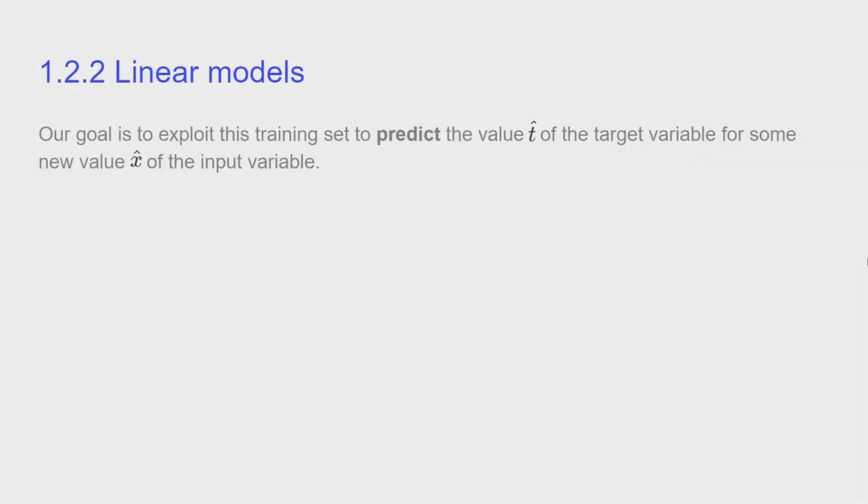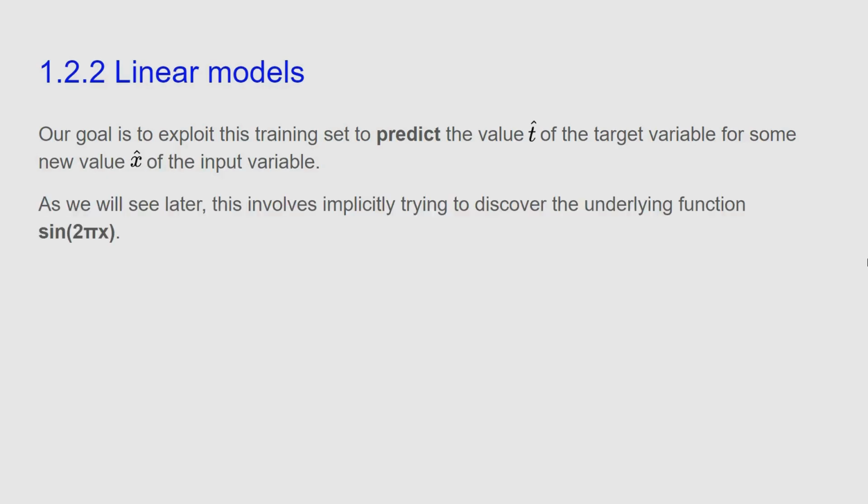Our goal is to exploit this training set to predict the value t-hat of the target variable for some new value x-hat of the input variable. As we will see later, this involves implicitly trying to discover the underlying function sin(2πx).